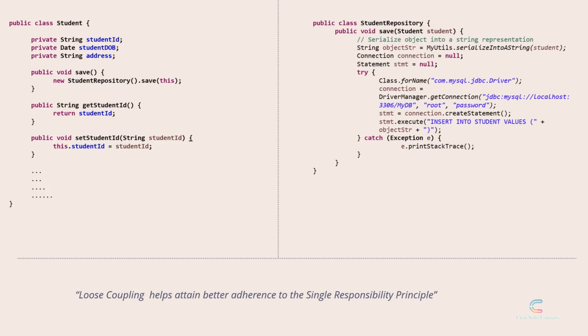If you look at this in terms of responsibilities, the Student class has the responsibility of dealing with core student-related data, and the Repository class has a single responsibility of dealing with database operations. So by removing tight coupling and making the coupling loose, we are again abiding by the single responsibility principle.